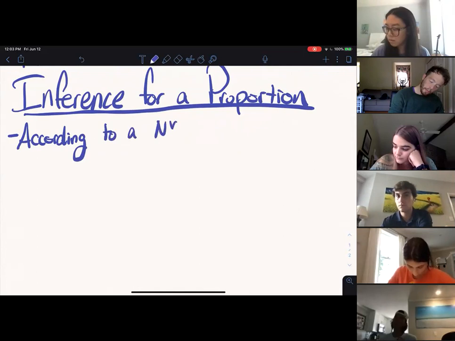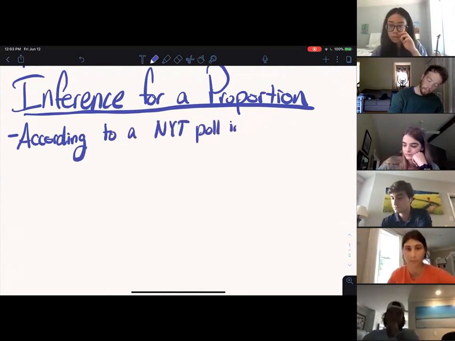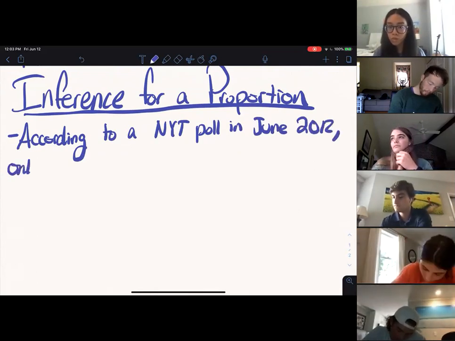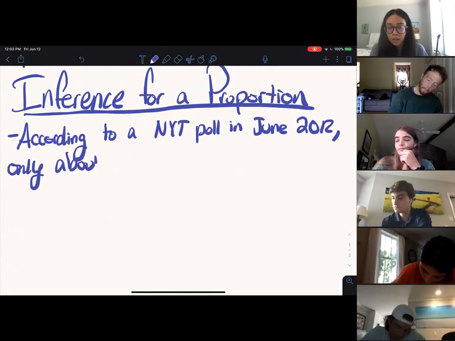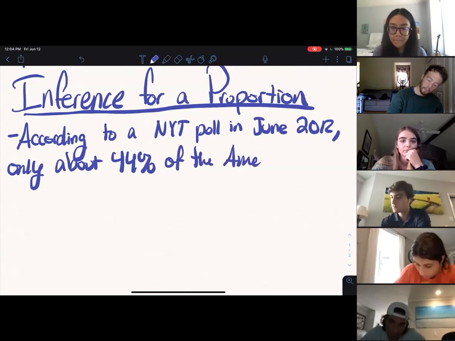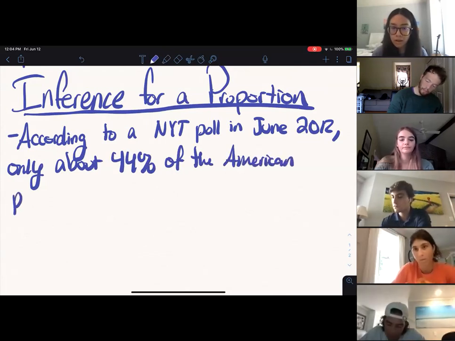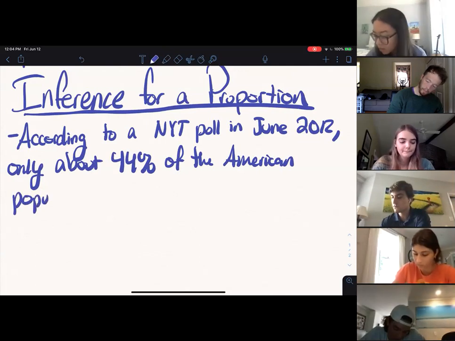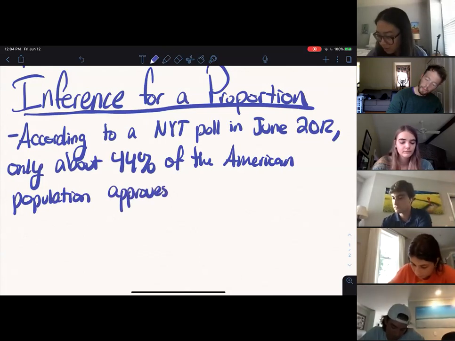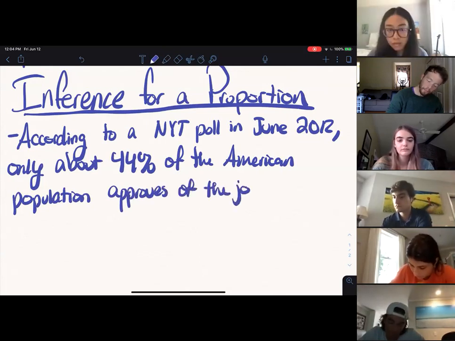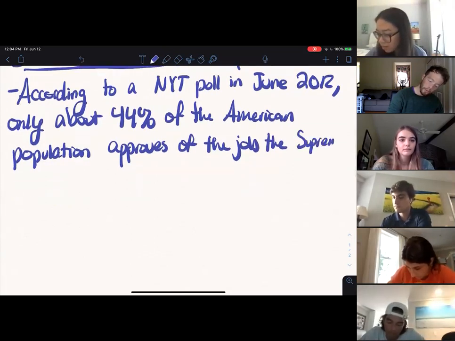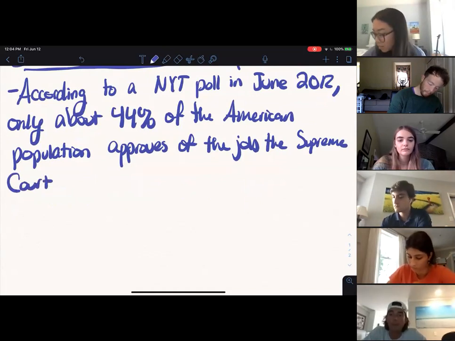According to a New York Times poll in June 2012, only about 44% of the American population approves of the job the Supreme Court is doing.